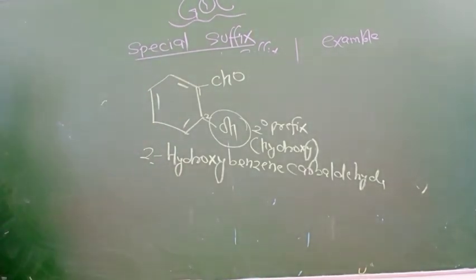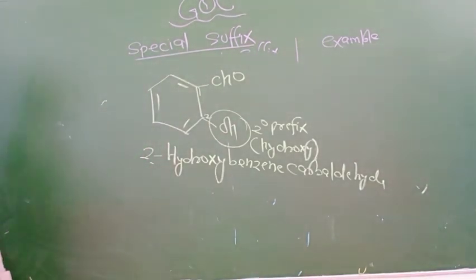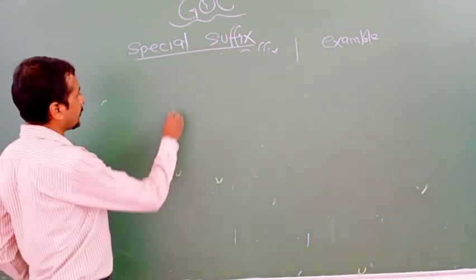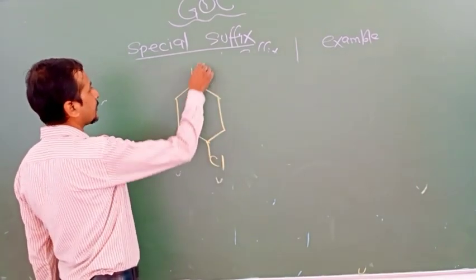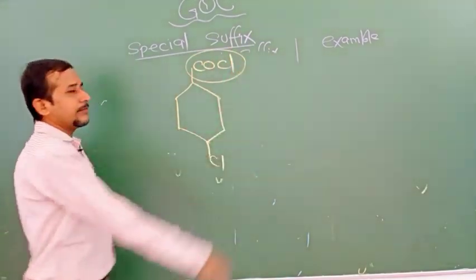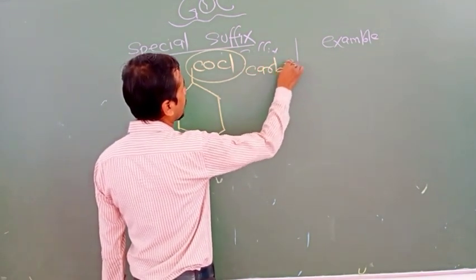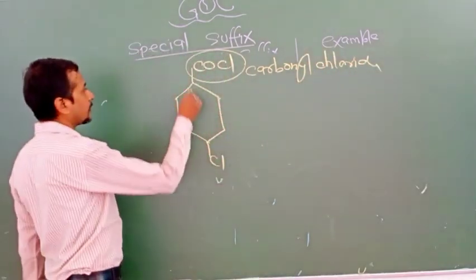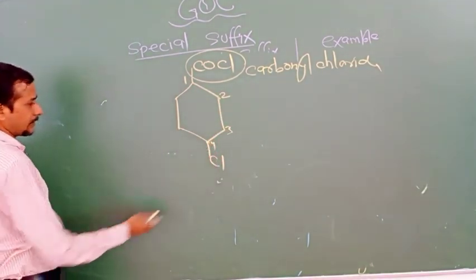Now students, some more examples you can note down. Cl is given here, and here COCl is written. So this name is given according to its suffix, that is carbonyl chloride. Now numbering starts from here 1, 2, 3, 4. So for the name of this chemical, this is the substituent.